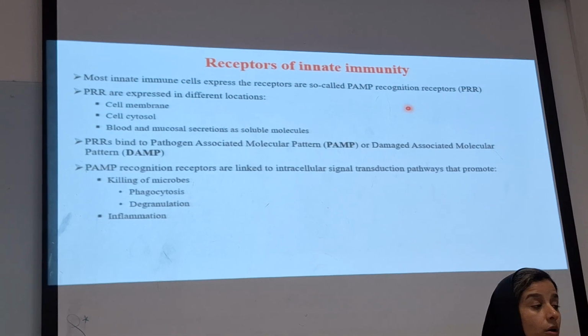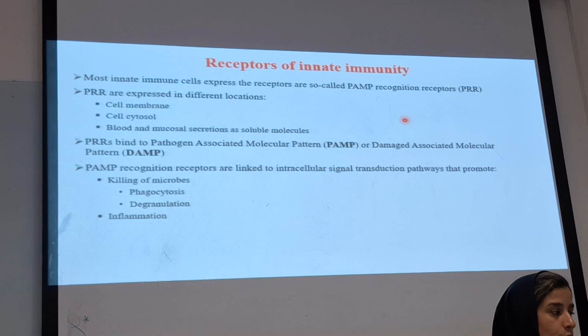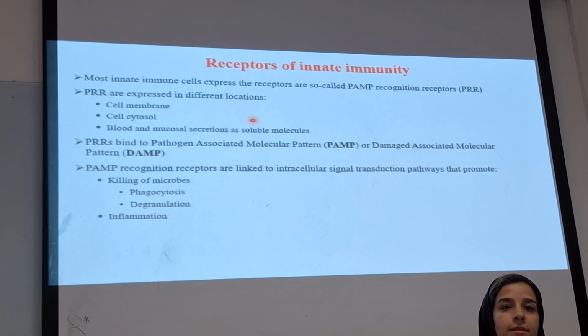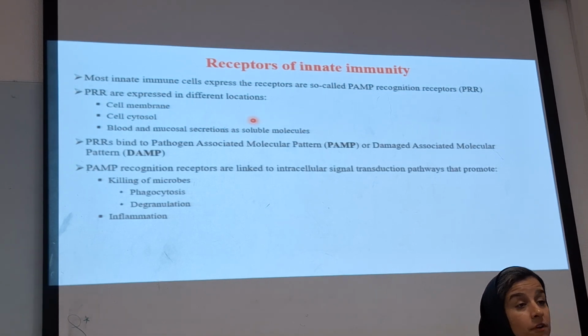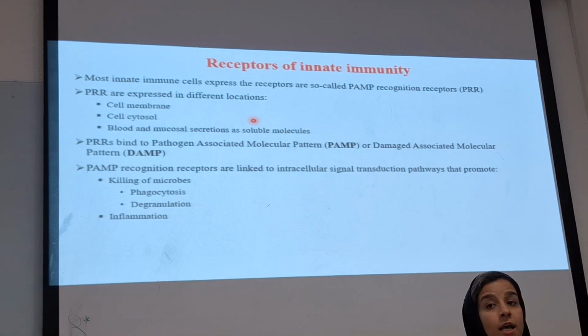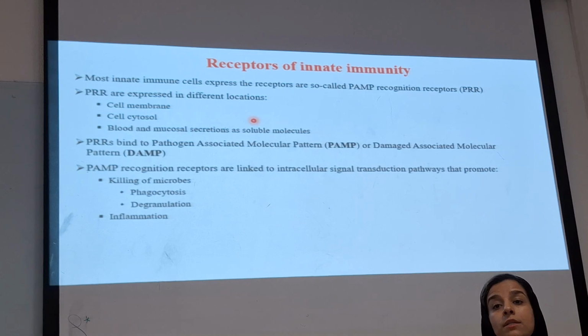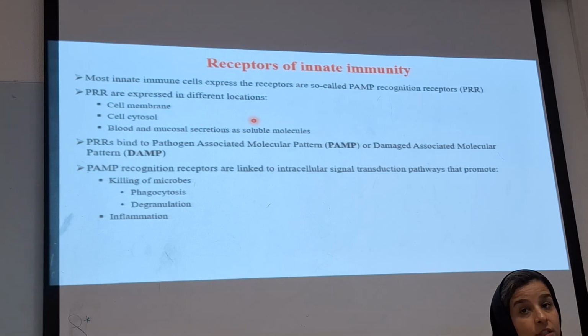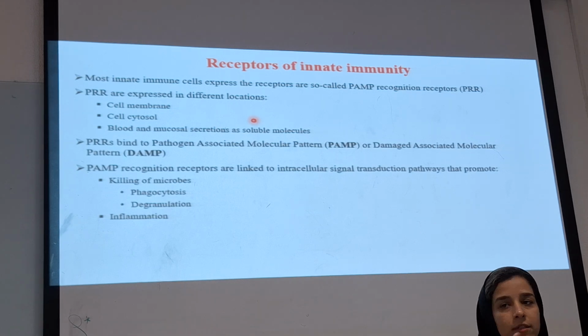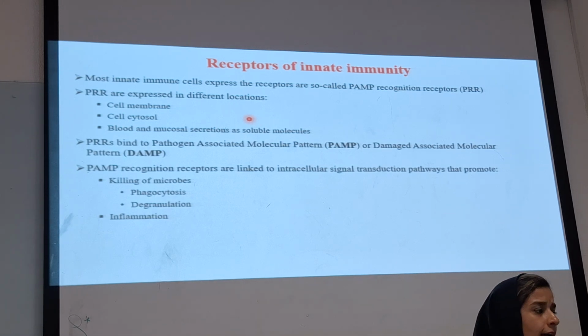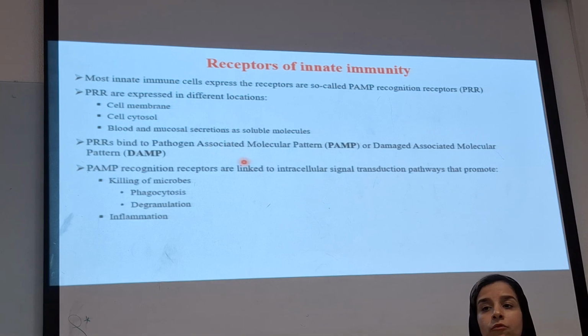These receptors are called pattern recognition receptors. They can be expressed on the cell membrane surface, can be in the cytosol, or can be soluble in blood circulation. So we have different types of pattern recognition receptors, or PRRs, as receptors of innate immune cells in different locations.